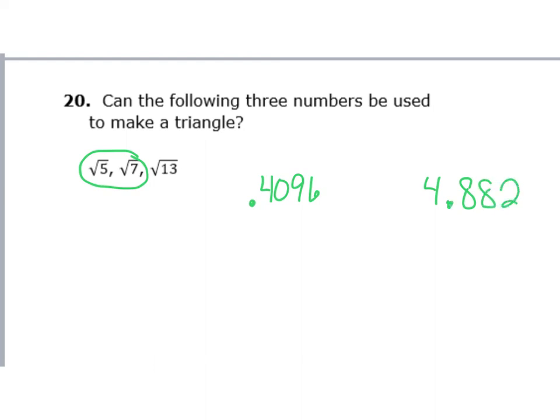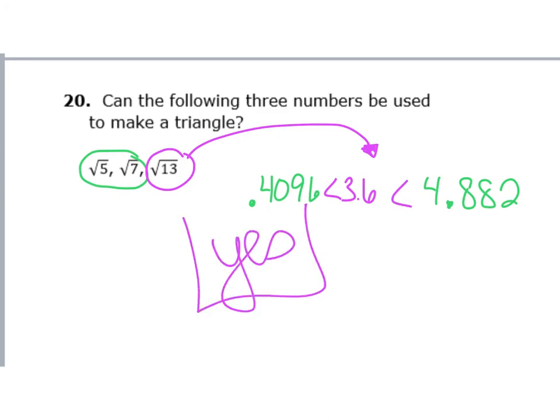And I just need to know, does the square root of 13 fall in between? When I put that in my calculator, I get about 3.6055 something. So does this fall in between 0.4 and 4? Yes, it does. So I can also make a triangle with number 20.